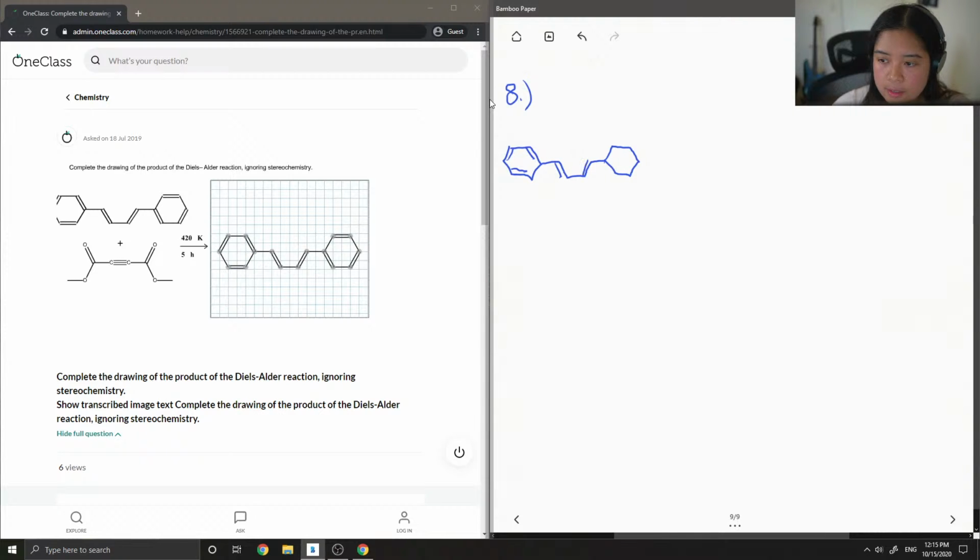So you'll notice that these structures have a whole bunch of double bonds. This one has 2 benzene rings. Then this bottom one looks like this.